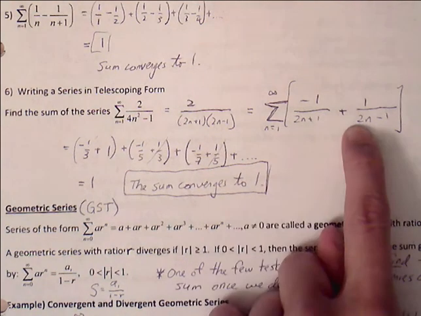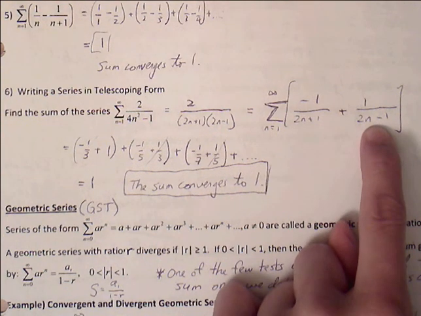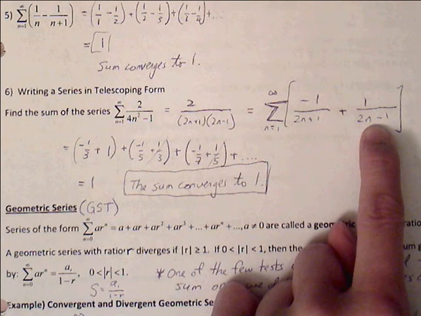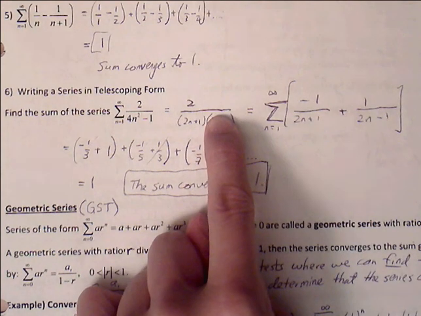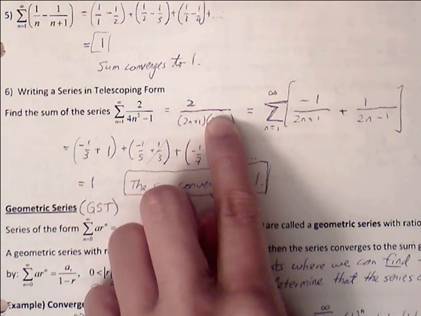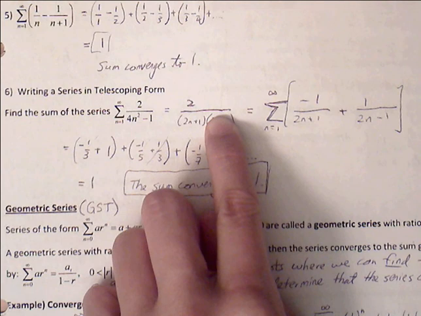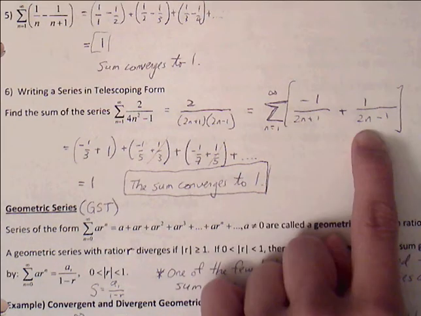Now for the second, 2n minus 1, we decide what n value will cause that 2n minus 1 to go to 0, and that n value is positive 1 half. So then we cover up the 2n minus 1, replace the n with 1 half, and we'll get 2 times 1 half.